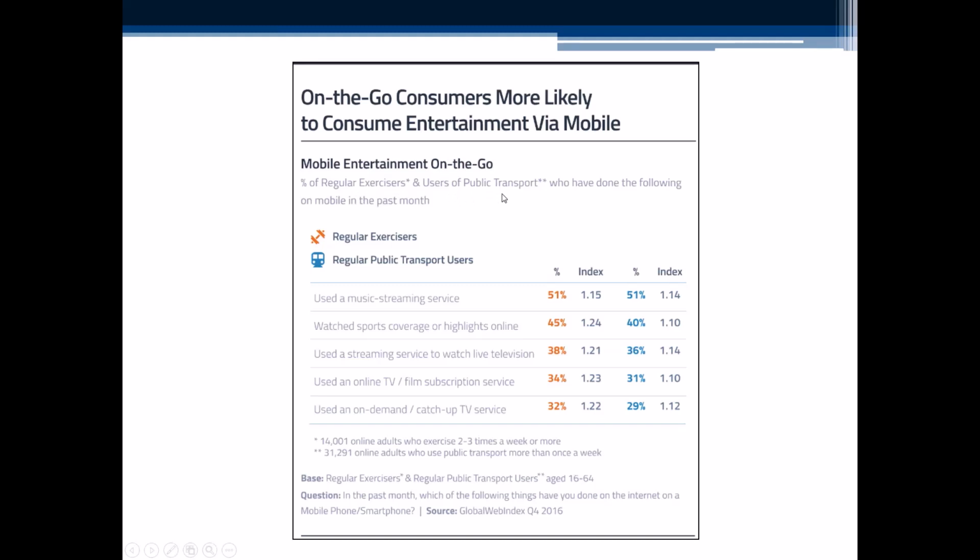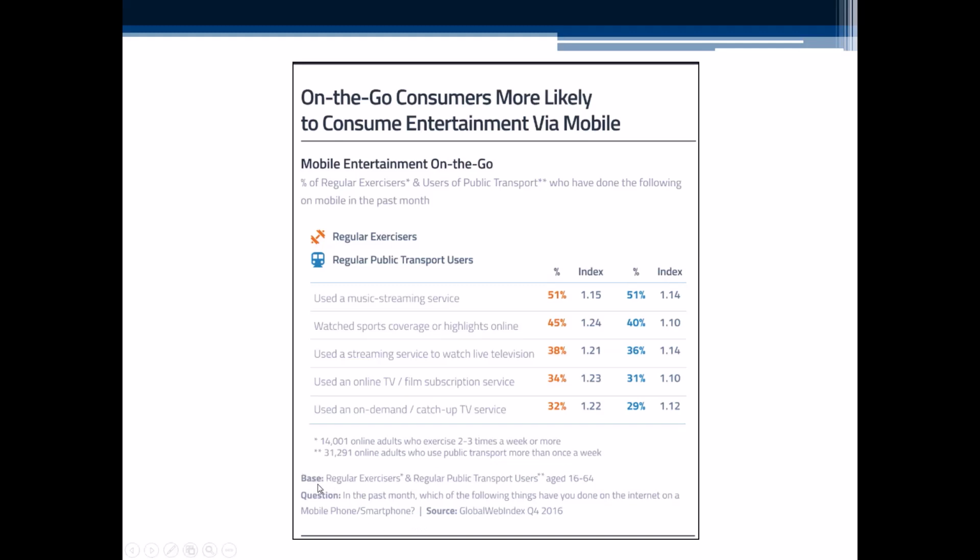So they're fairly vague general descriptions of a target population, but you can see they're asterisked here, and if we go down to asterisk notes down the bottom here, you can see that they're describing regular users as online adults who exercise 2 to 3 times a week or more, and users of public transport as online adults who use public transport more than once a week. So they're really getting down to that level of detail that we know exactly who they're talking about.